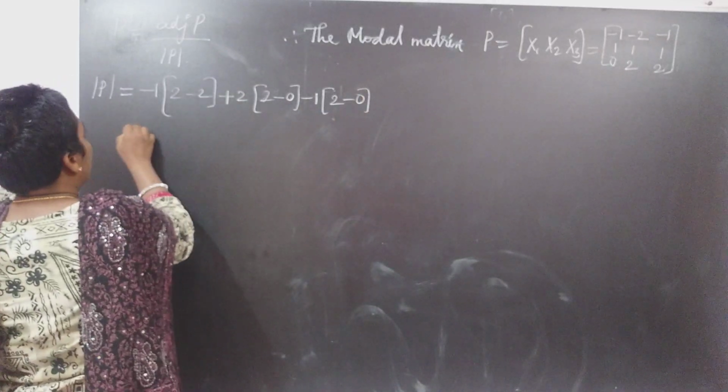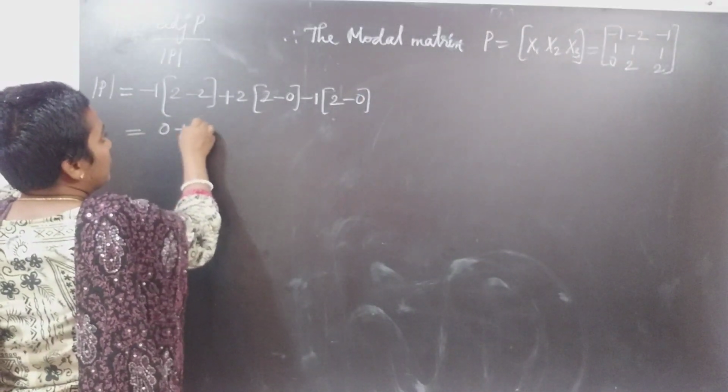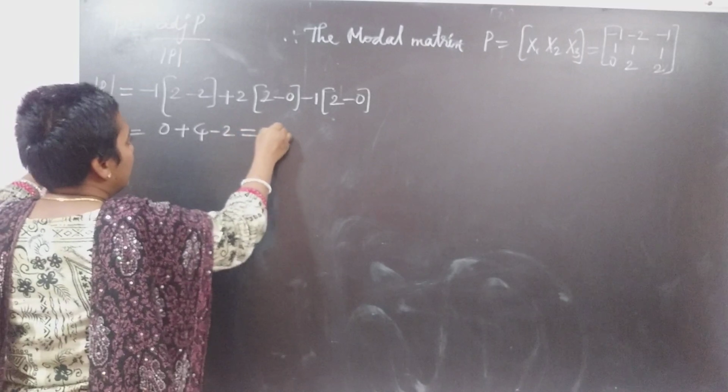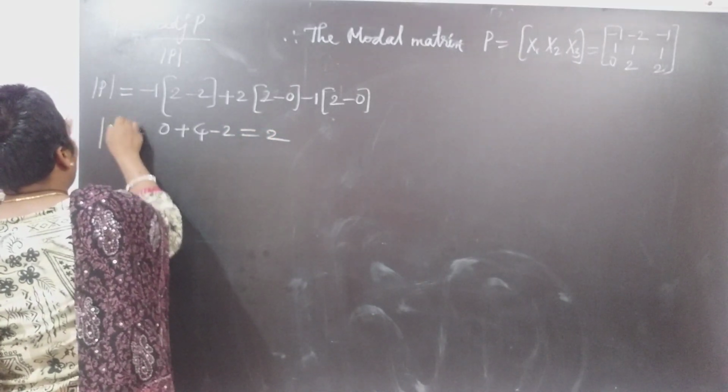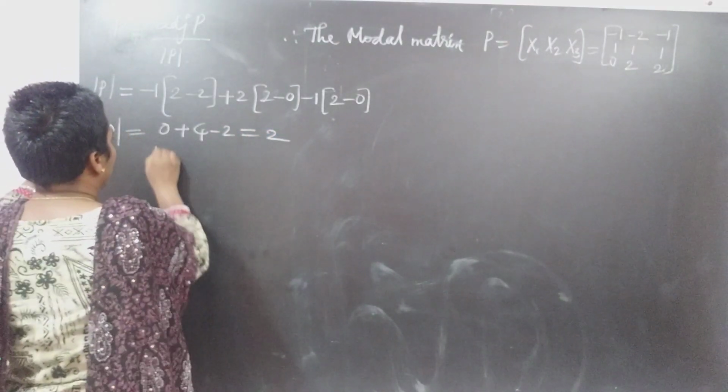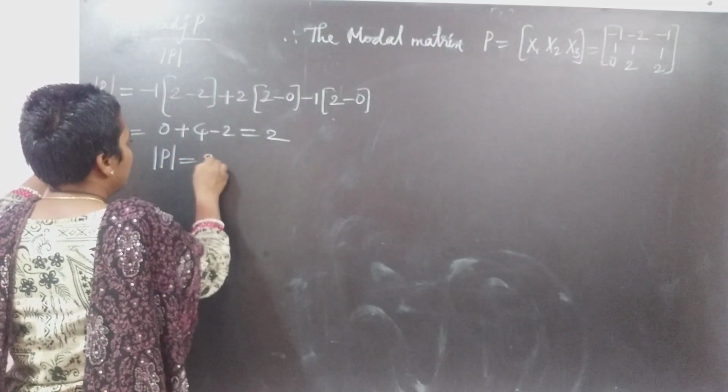It is equal to 0 plus 2, 2 is 4 minus 2 is equal to 2. Determinant of P is equal to 2.